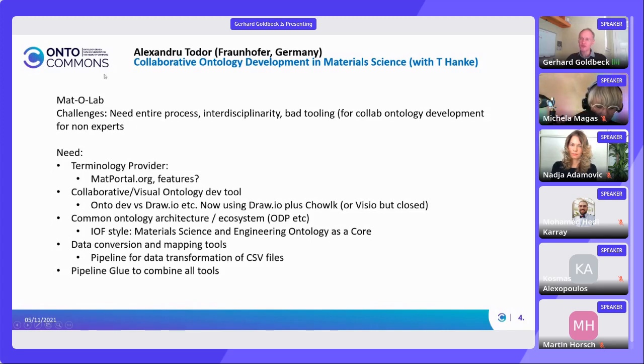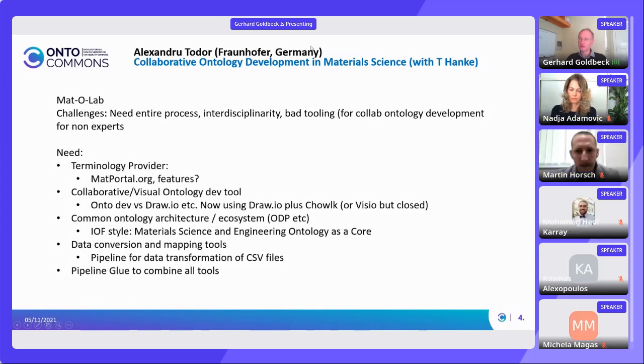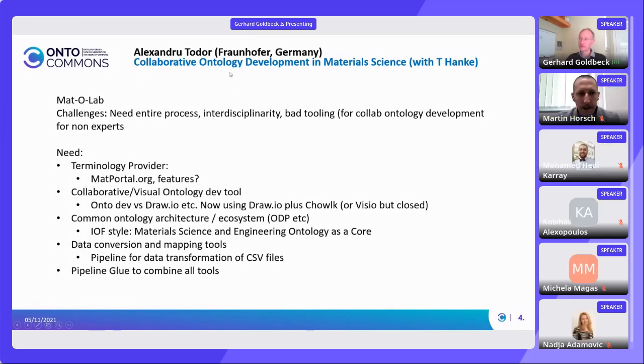The first presenter, Alexandru Todor, also with Thomas Hanke, Fraunhofer, looked at the collaborative ontology development in material sciences, and there are some really great developments in there, sort of a MATO lab.